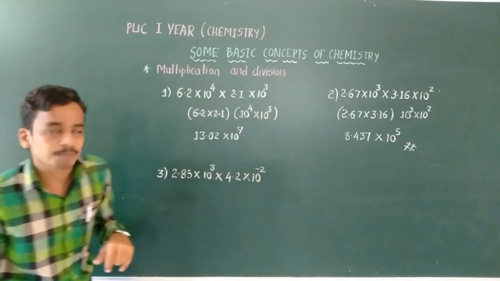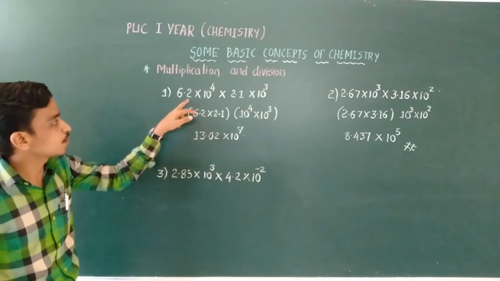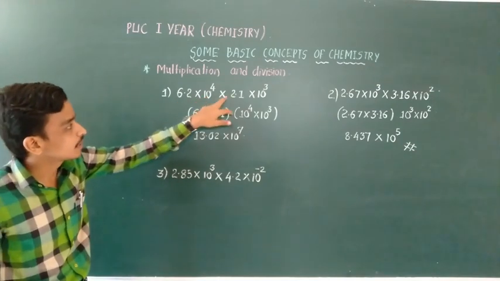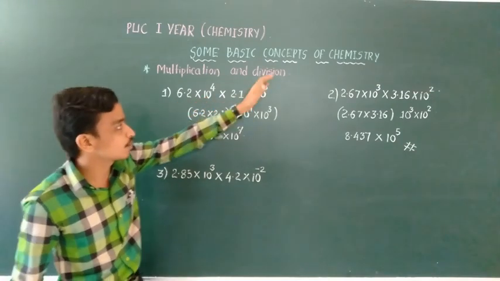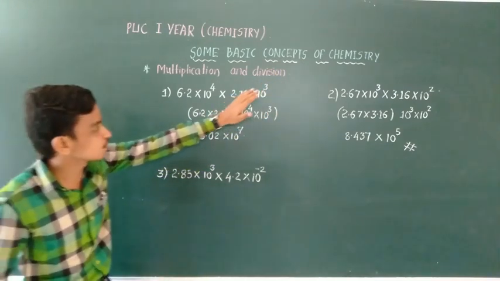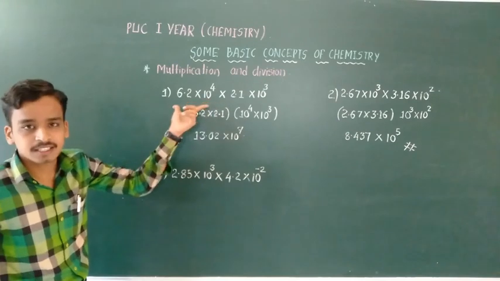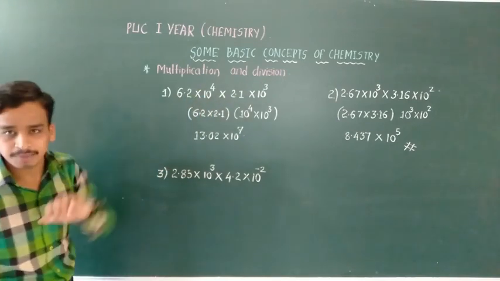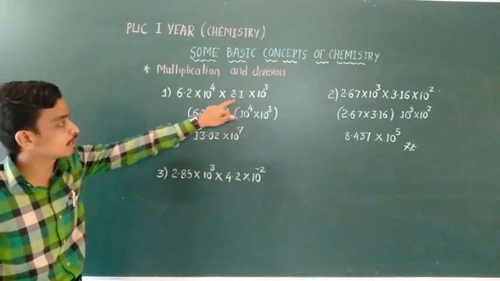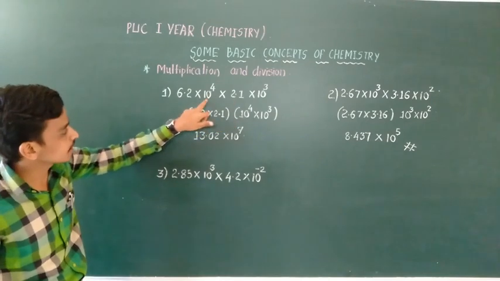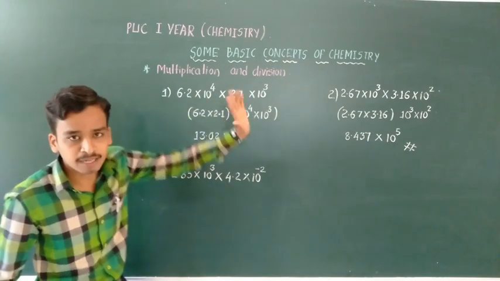Okay, observe the first problem carefully. 6.2 into 10 raised to 4 into 2.1 into 10 raised to 3. Here there is a multiplication sign, so the whole expression is based on multiplication, that is number to number multiplication and power of 10 to power of 10 multiplication.